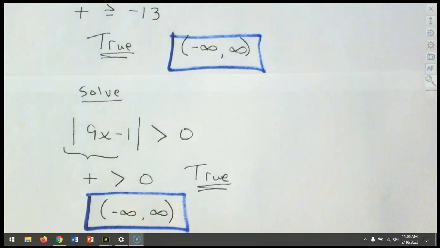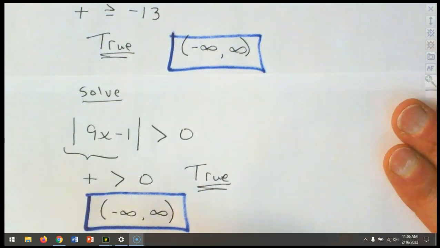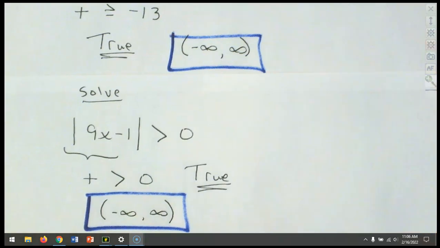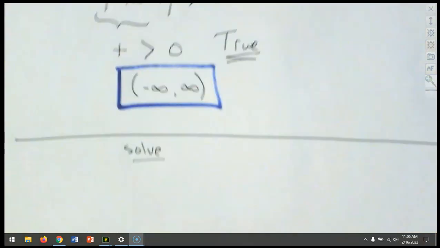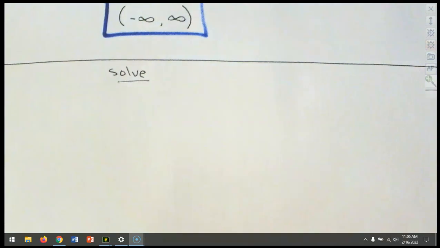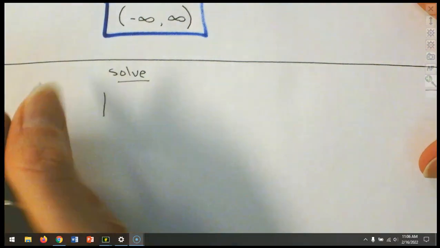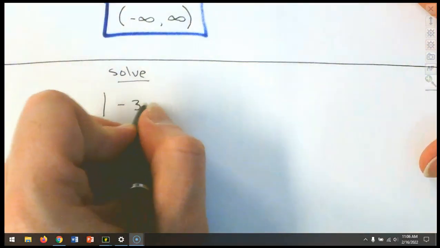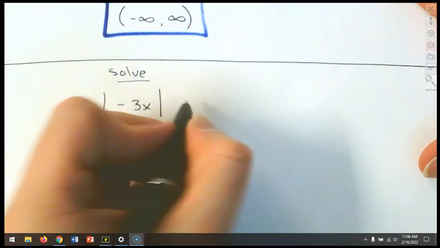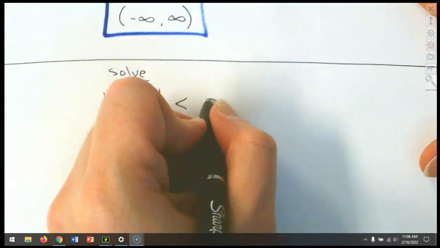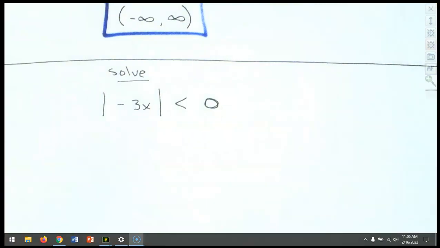What about if I flip the sign around? Yep, and let's do one where we have to flip it around, so you can see the difference here. Okay.